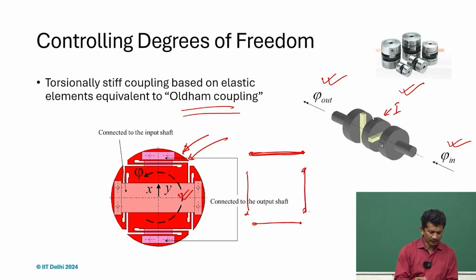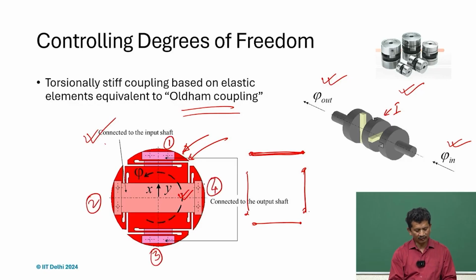What we also understand is that the two sides, I just number them 1, 2, 3 and 4. So what you can see is opposite ends here connected to the input shaft.